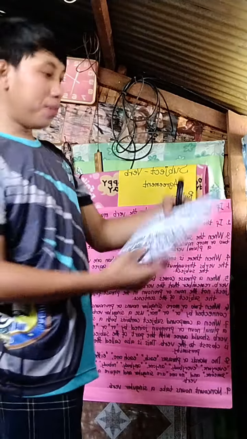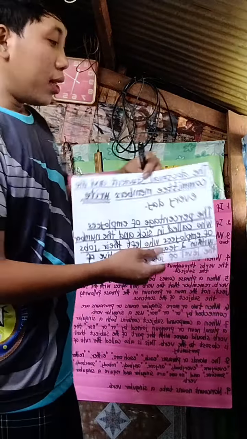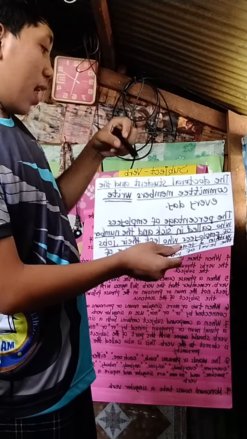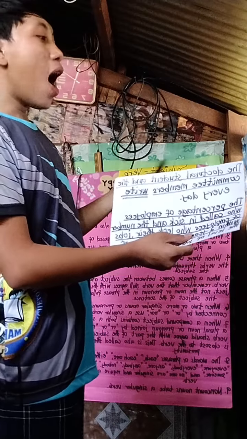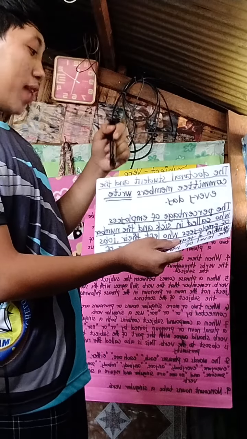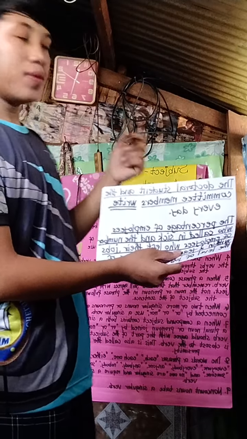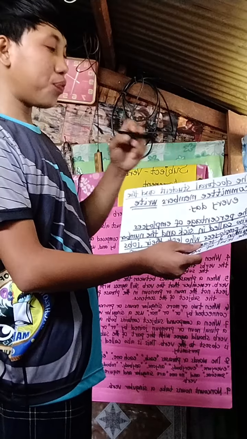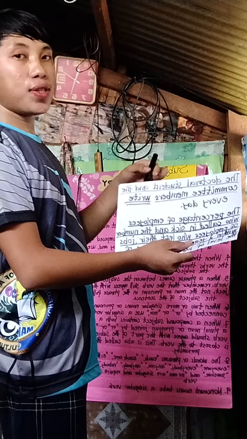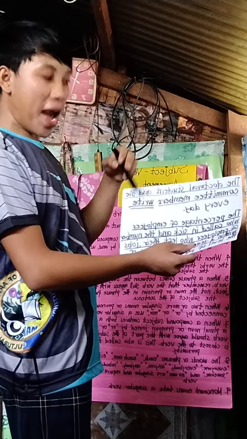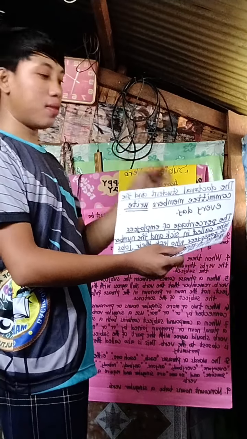For example, the doctoral student and the committee members write every day. Our subject is the doctoral student and the committee members. That is our plural subject. That's why we use the plural verb write.